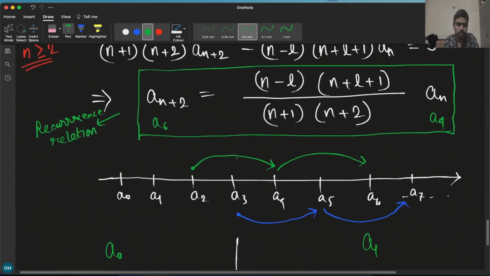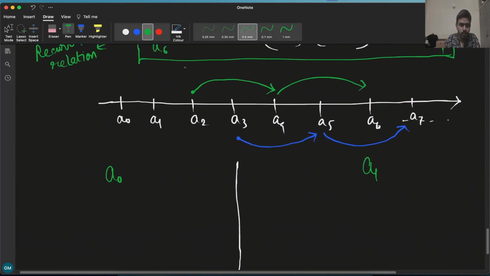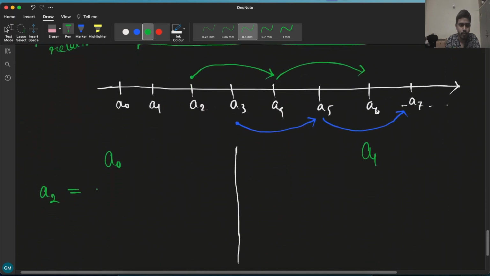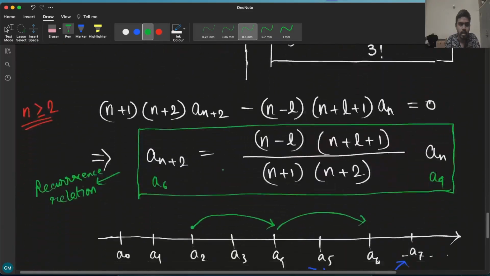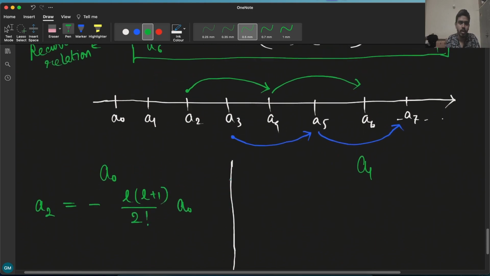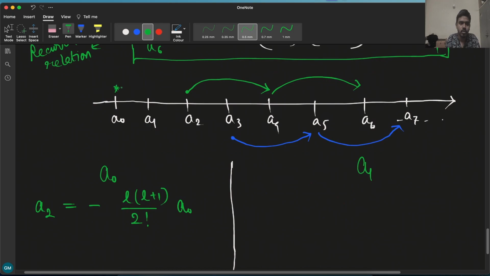So I can write that a2 equals to minus L into L plus 1 by 2 factorial a0. Okay, so I know a0, I know a2, and now the recurrence relation will take care of the other terms.